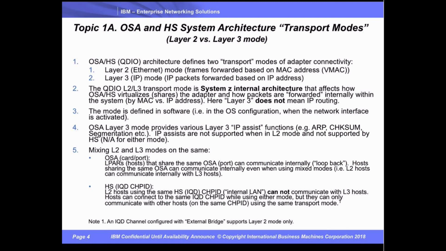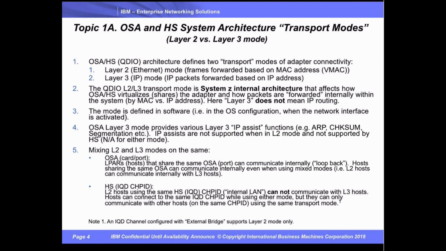So basically what it really amounts to is Layer 2 basically moves packets around inside the system based on the MAC address. So in that mode, the hardware has no knowledge of the Layer 3 protocol. It simply just moves frames based on destination MAC address. You can also configure your host operating system in Layer 3 mode, and the Layer 3 modes that are supported are IPv4 and IPv6.